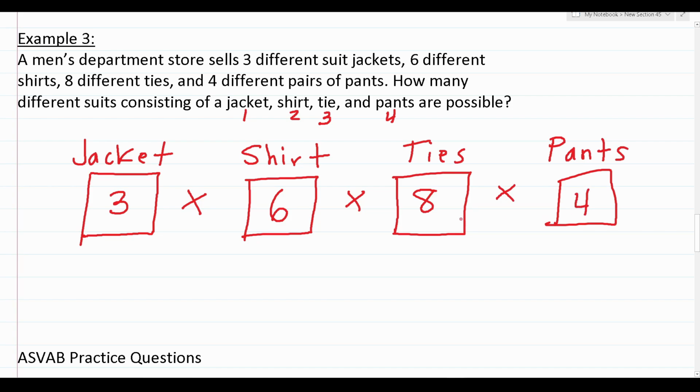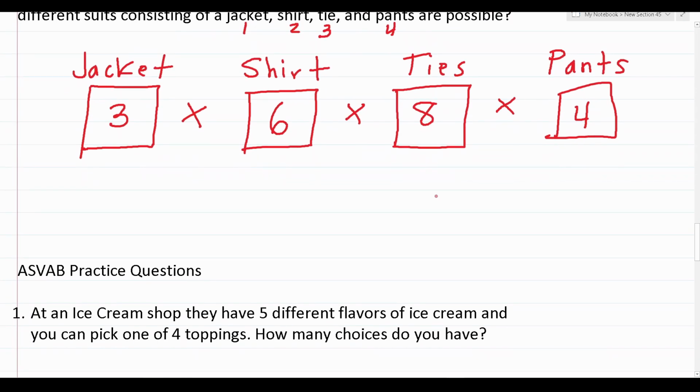All right, so to figure out how many different suits we can make, consisting of 3 different jackets, 6 different shirts, 8 different ties, and 4 different pants, we just multiply 3 by 6 by 8 by 4. So let's go ahead and do that. And again, if it's helpful, we can get rid of these boxes now.